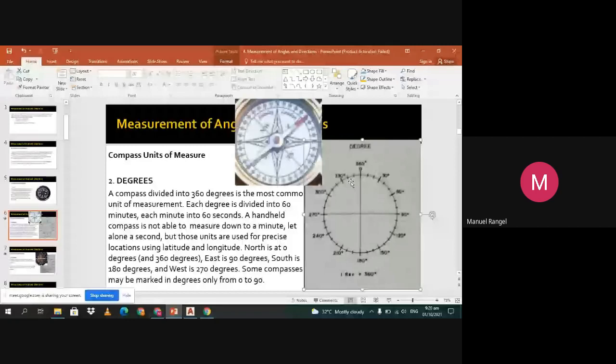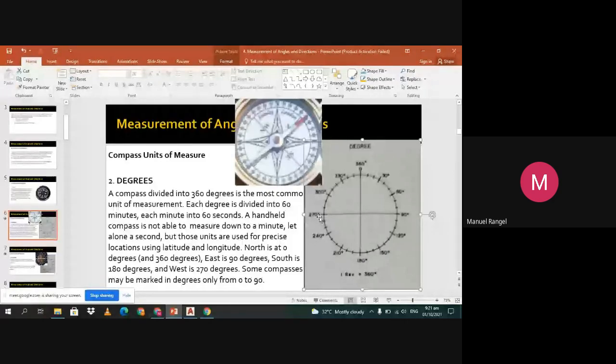So north is at 0 degrees and 360 degrees. So one revolution is 360 degrees, no? Then every quarter is 90 degrees. So a half circle is 180 degrees, and three quarters is 270.